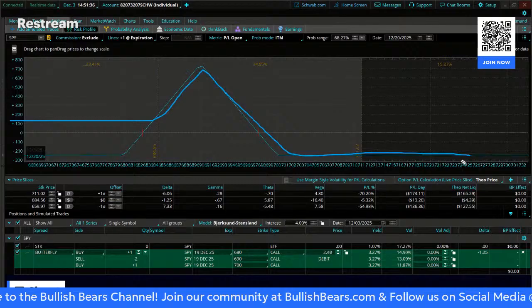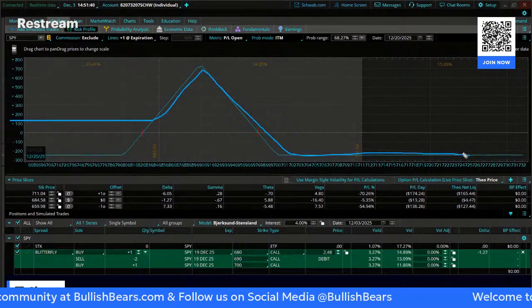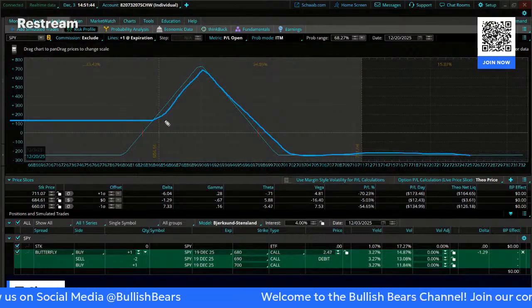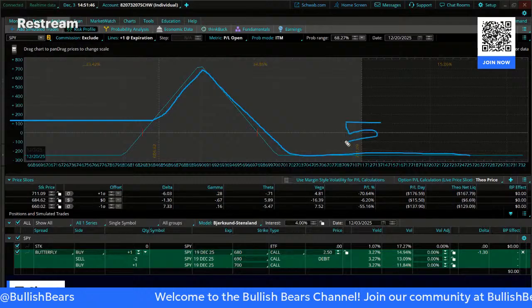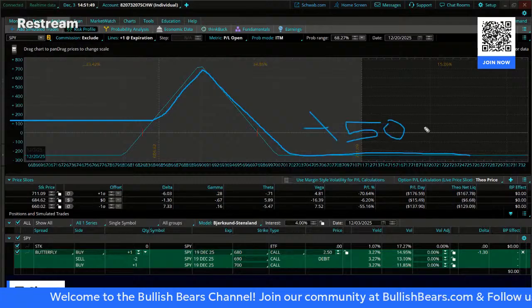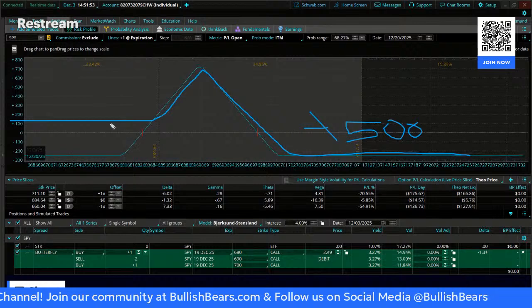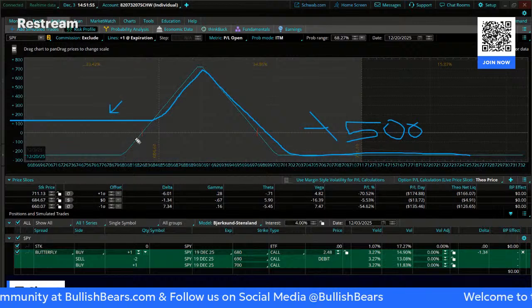But there's a problem with this. The risk has to go with it, right? So if it was 250 here and 250 here, now it'll be plus 500 risk on this side, right? More than 500 risk on this side and no risk on that side.